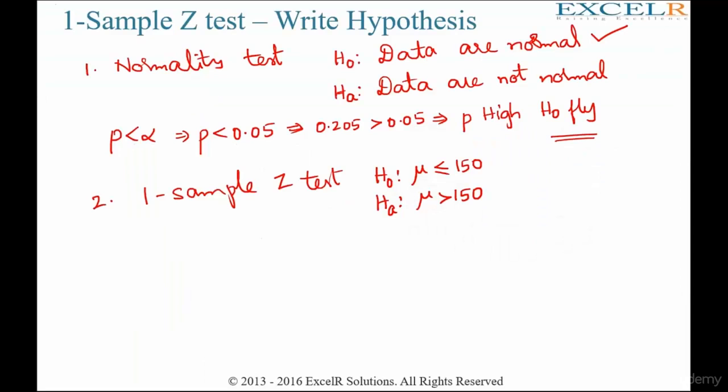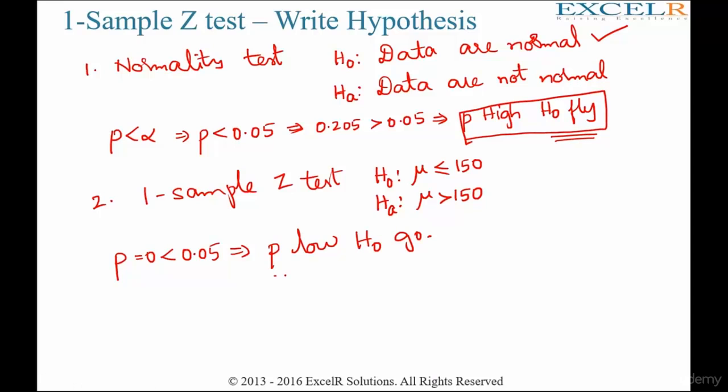So the p-value is equal to 0, which is obviously less than 0.05, which implies: P low, null go. P high, null fly. P low, null go. So that means you're going to reject the null hypothesis.